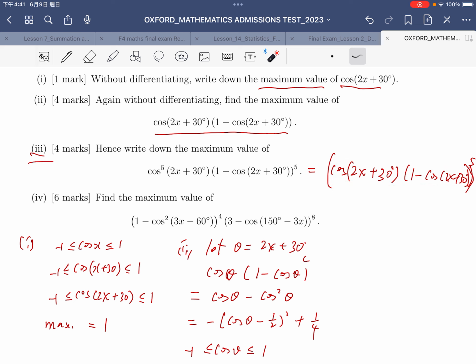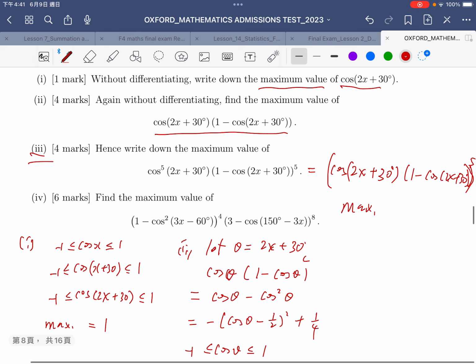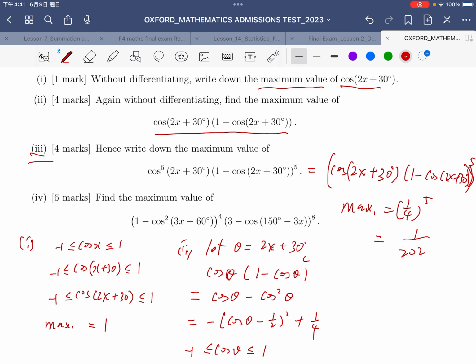Therefore, the maximum of this expression is equal to 1 over 4 to the power of 5, which is equal to 1 over 1024.